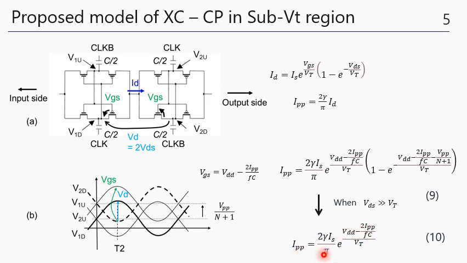As you see, the right hand side has no VPP term, meaning the IPP has no dependence on the VPP as a current source, meaning a very high output impedance. This is based on the VGS having no VPP term.